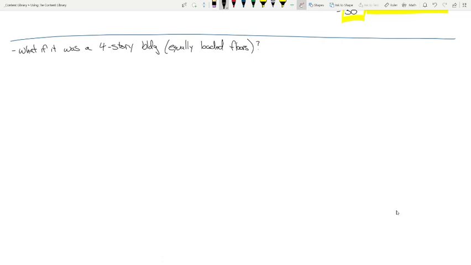They're all equally loaded. So let's say here's your column, here's your ground, and like just to keep this simple, let's say here's your roof, so that's a story. That's a story.